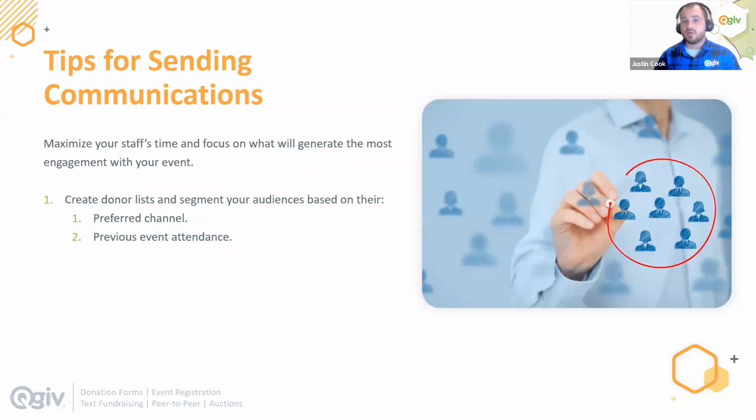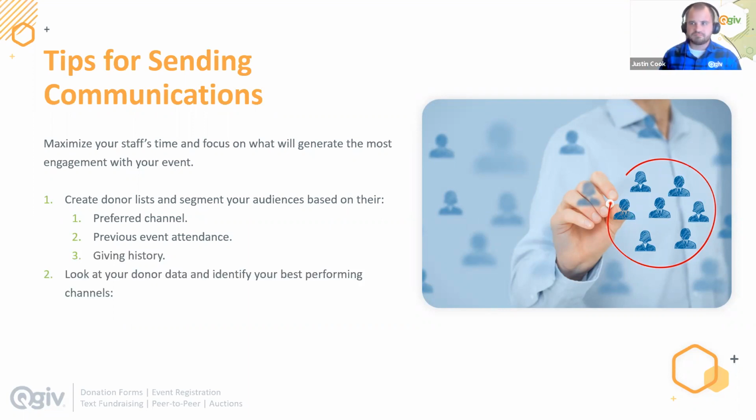Some of these segments can look like whether they've previously attended one of your events, like a recurring donor, and also their giving history. So make sure that you're building out different types of segmented donor lists so that you're communicating to each audience based on their past history.